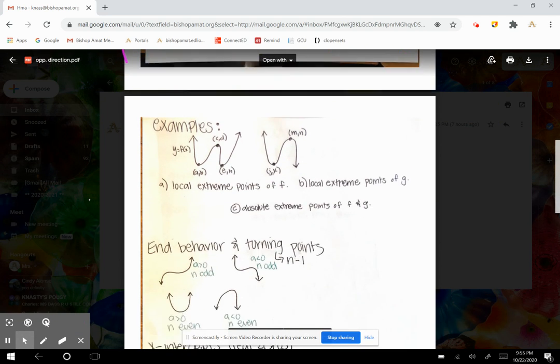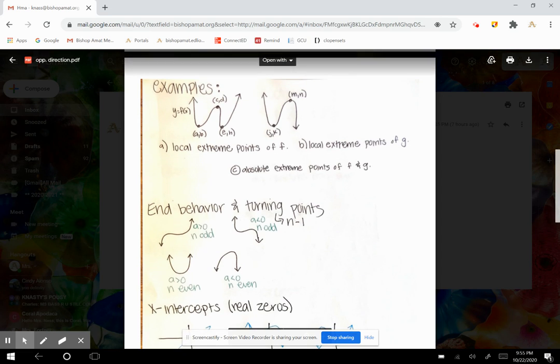Let's look at some examples. So I gave you guys two graphs here. Now they're not on an x or y axis because I don't need an x or y axis. This first one here to the left, this is my f of x equation, and I forgot to label this one, but this is my g of x equation. Okay, so first it says the local extreme points of f.